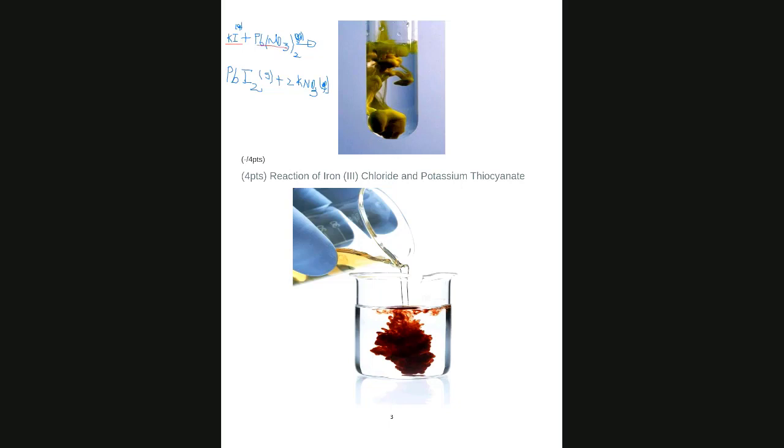When you mix those, what is the evidence of a chemical reaction? Precipitate, correct. And what color is the precipitate? Yellow. A yellow precipitate forms. And they ask you to balance the equation, and then they ask you, what type of equation is this one?